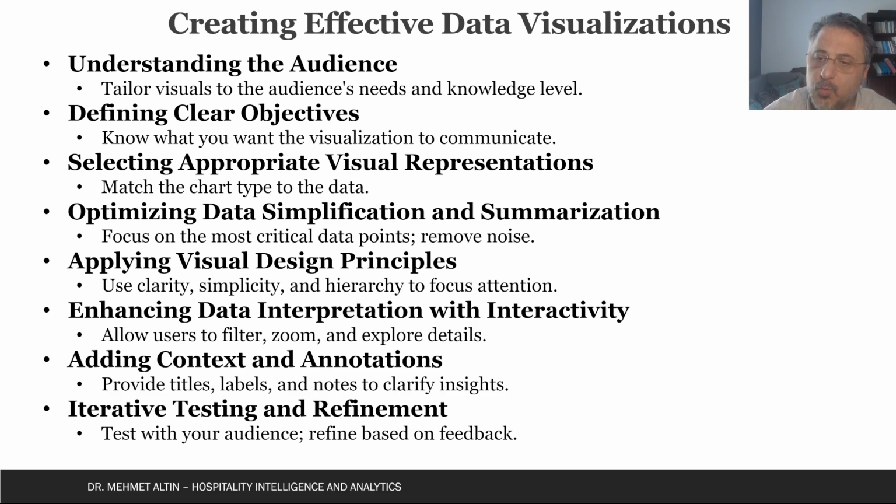And the fourth one is optimizing data simplification and summarization. This makes your message clearer. Too much data can overwhelm the audience. Right? If you have 100 different things in the data, it's going to be confusing. They're going to try to understand. So you need to focus on key data points by using aggregation.